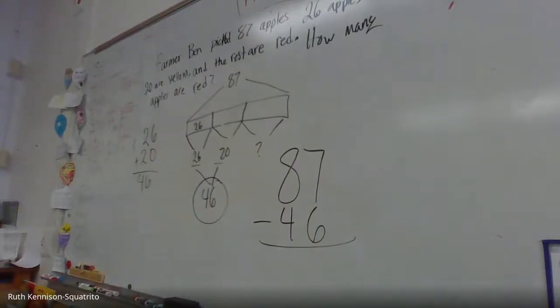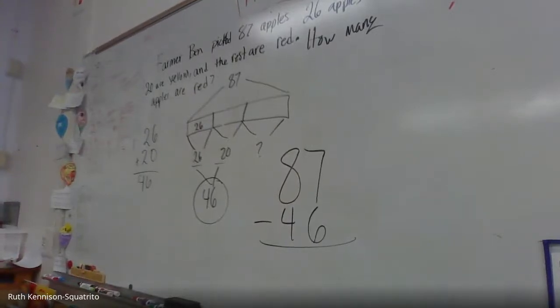I need you to do this problem: 87 minus 46. Do not worry about drawing the tape grid diagram and everything. Everybody, sit down, please. Everybody needs to be doing 87 minus 46.